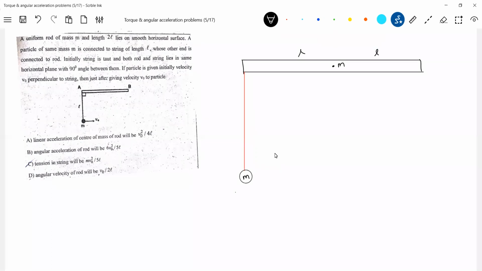Length of the rod is L and length of the string is also L. I think this much is what is given. And this is given linear velocity V naught.